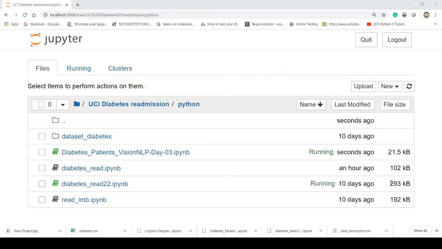Okay, so guys, a lot of you keep telling me you are not able to see my screen. Please share again. I just wanted to know, can you see my screen? It has written diabetic patient vision NLP D3. Are you able to see? Can you just please notify?